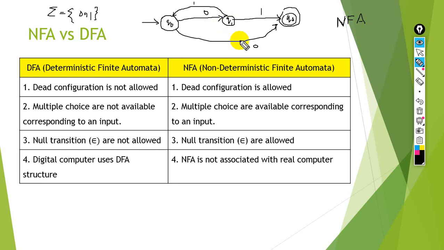For a DFA it will be incorrect, it will not be accepted. Same case right here. From Q1 we have an input of 1 toward Q2 and also an input of 1 from Q1 toward Q0. This is not allowed in a DFA but allowed in an NFA. So multiple choices are not available corresponding to an input in a DFA, but are available in an NFA, no problem.